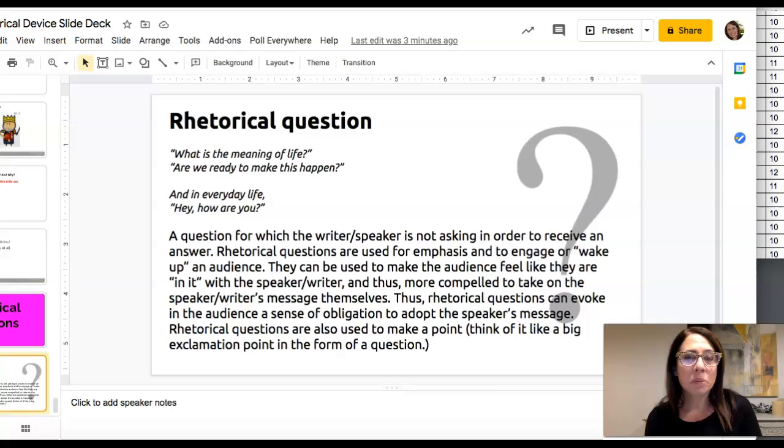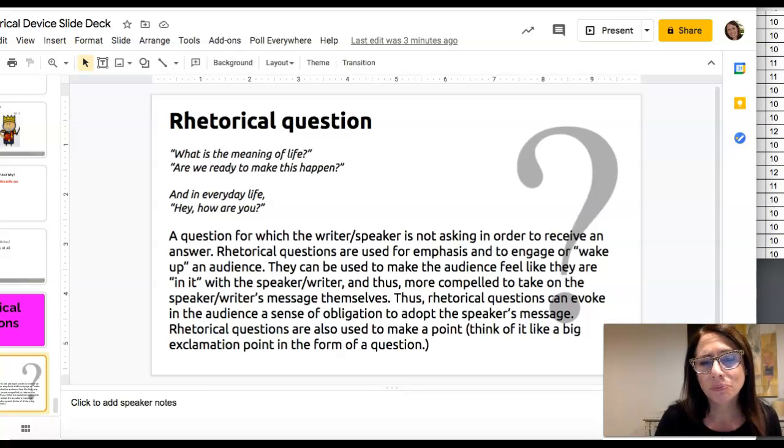That puts the audience in a position where not only are they in it with the speaker, they're part of the problem or part of the issue, but they feel like they have to answer, because there's this awkward silent moment. So I said a sense of obligation to adopt the speaker's message. And again, a phrase like that is something you can use in your writing, right? You want to use the function or the job of this rhetorical device, especially with audience impact.